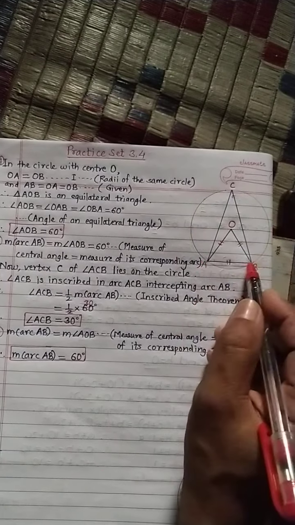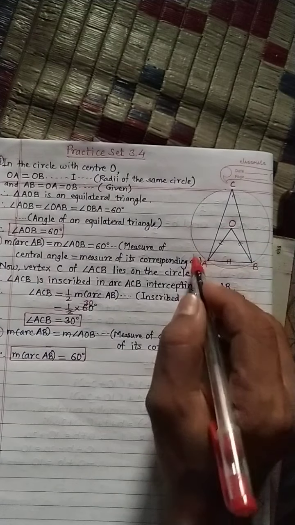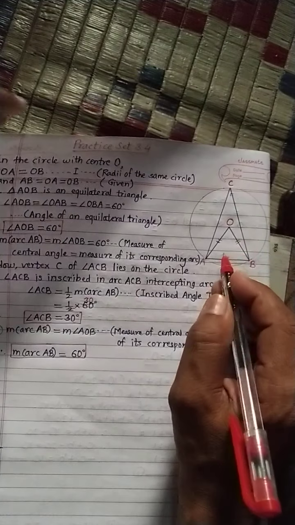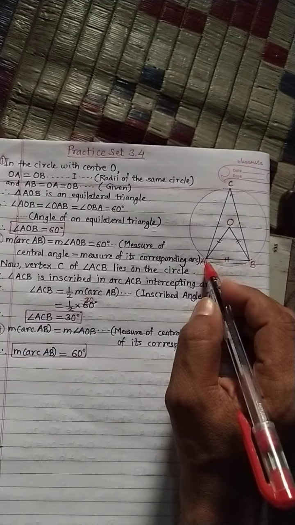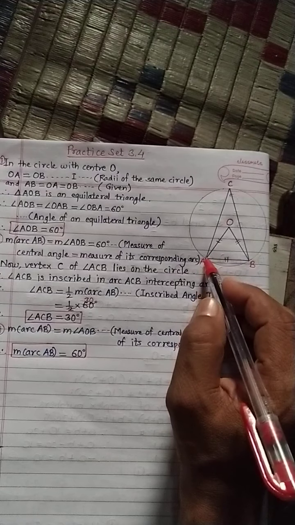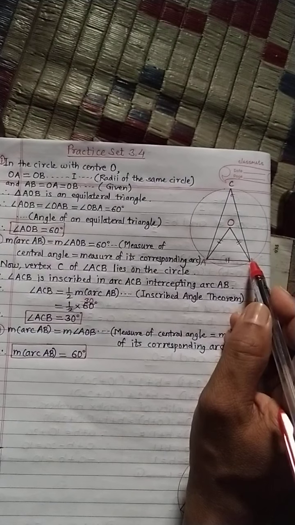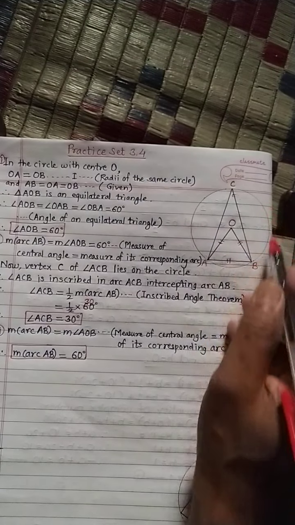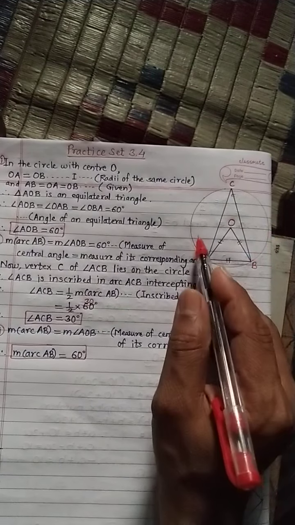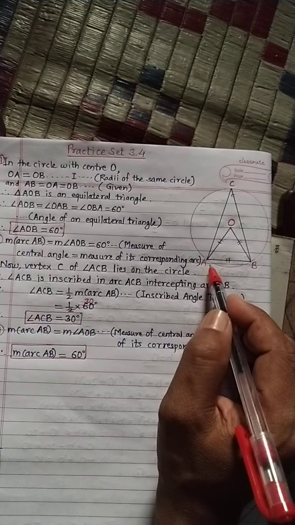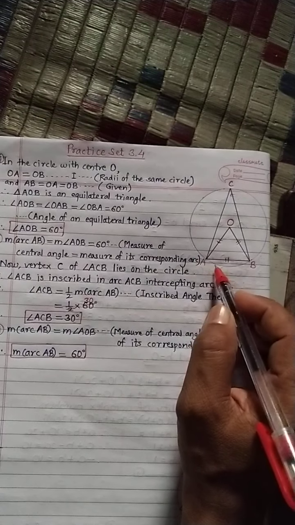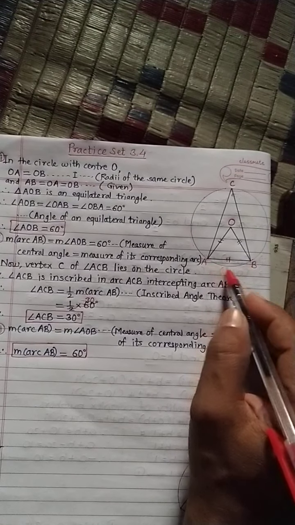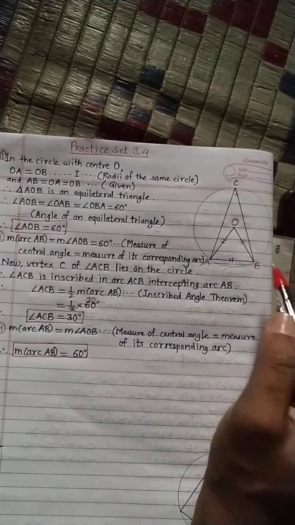Arc ACB is a major arc, so we all know that while identifying, the measure of a major arc is equal to the measure of the complete circle, that means 360 degree, minus the measure of the minor arc, meaning arc AB.